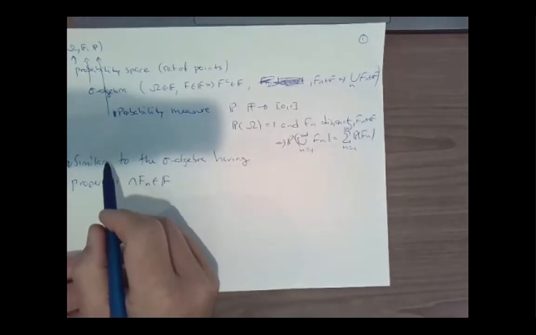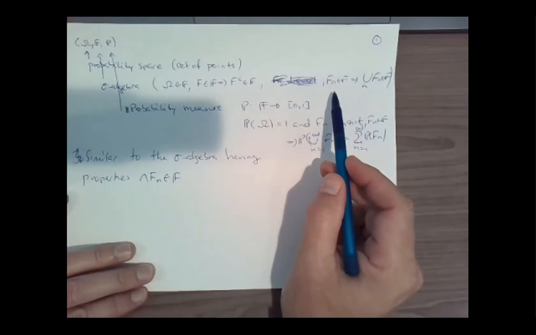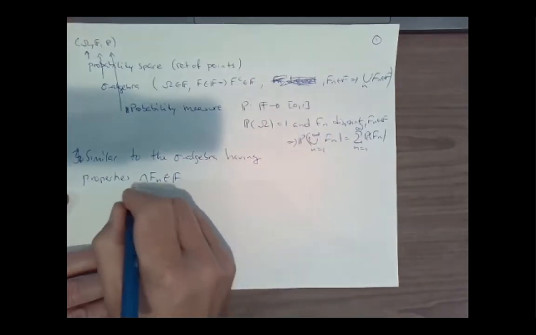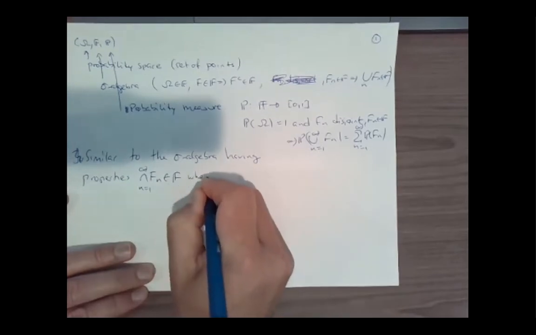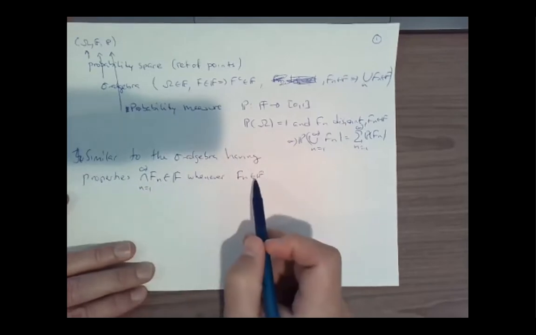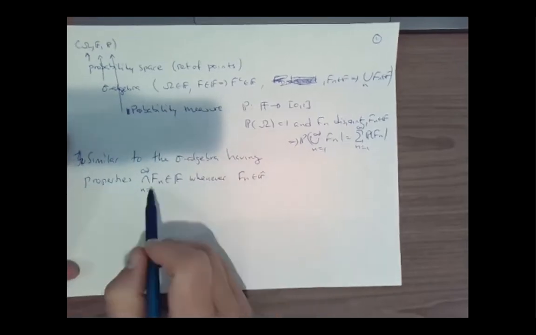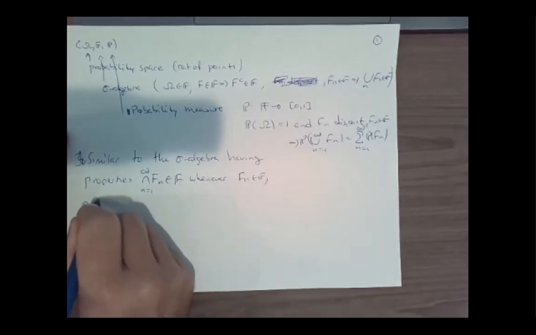So even though the sigma algebra is not defined using the intersection property, we talked about that it actually also has this intersection property. So whenever I take sets in F and I do the intersection, I actually get that that intersection is also in there.